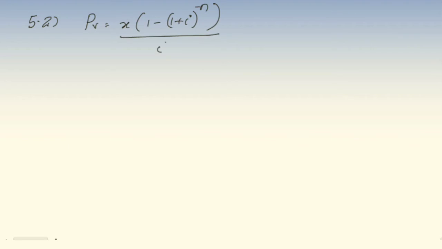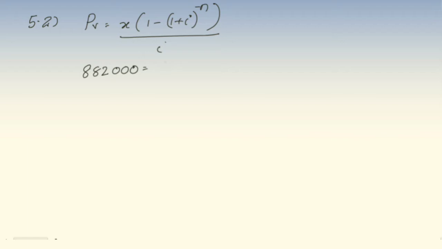So you have to calculate the value of n. Where PV we know already, we calculated, that is the loan amount. What is that? 882,000 is equal to x, the monthly installment. Here the rate is compounded monthly.